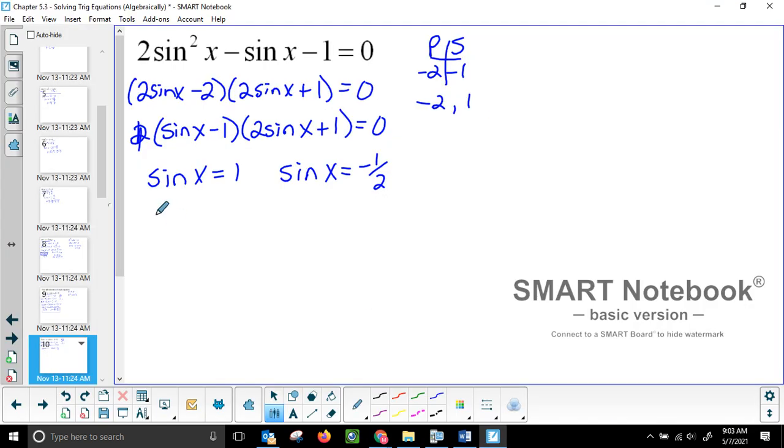So here we said x is equal to pi over 2, and here we say x is equal to 7 pi over 6 and 11 pi over 6. And we're done. Any questions or concerns over that problem?